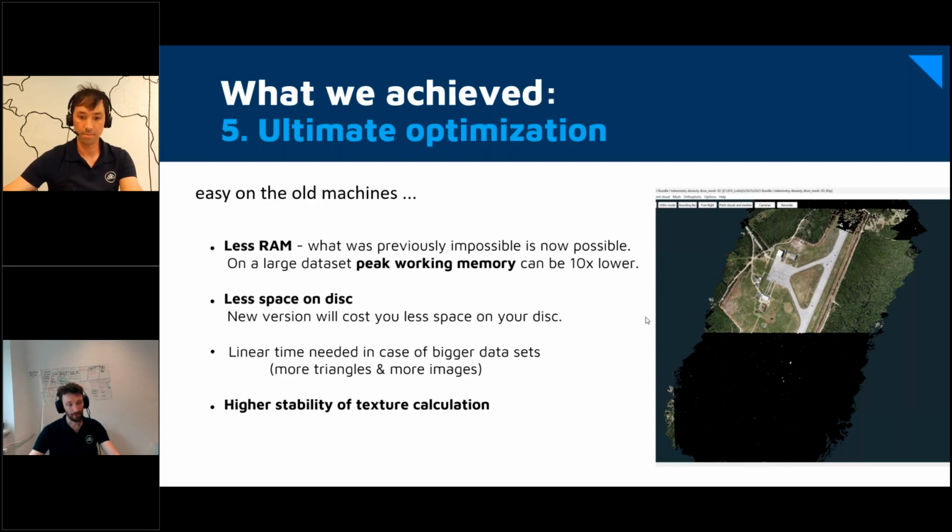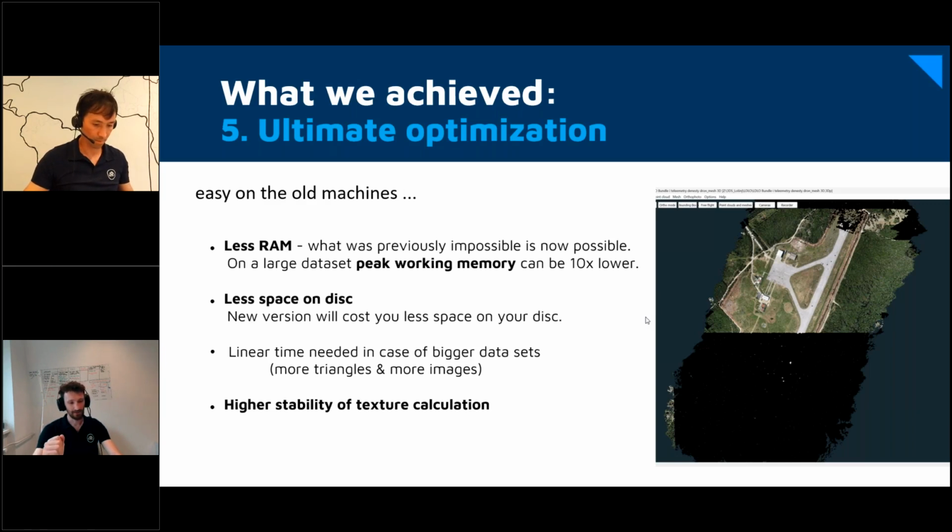If you have been working with large data sets, you may have encountered the out-of-memory error shown on the image on the right, where you ran out of RAM and that was the result. You couldn't get the whole texture done because there was simply no memory left. Now we have eliminated this error, so you can work on projects or with a number of images that was previously impossible for you.